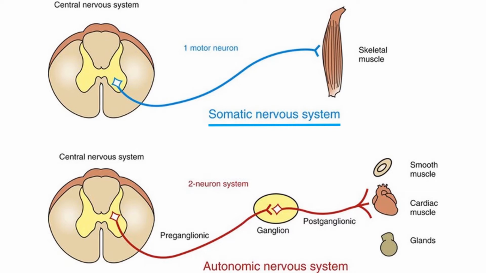So this is the arrangement of the sympathetic system, in contrast to the somatic nervous system, where the anterior horn cells send their axons to the effector organ without an interrupting ganglion.